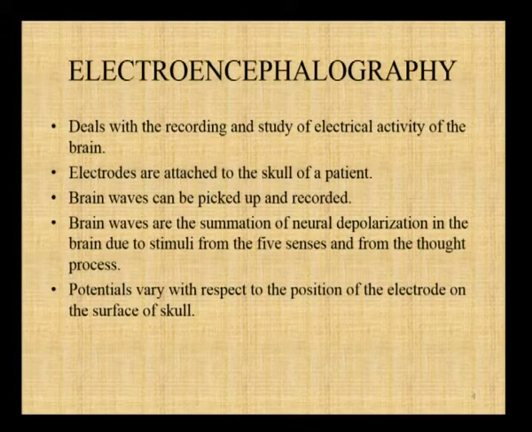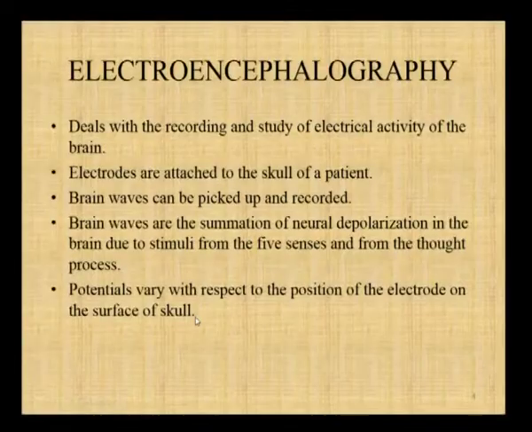For example, we can give a visual stimulus, or an audio stimulus or a touch stimulus. These are the various types of stimulus. We give an external stimulus to the patient and undergo the measurement process. The potentials measured will change with the position of the electrodes. When you use electrodes with a distance of 20%, the potential produced by the brain waves will be different.